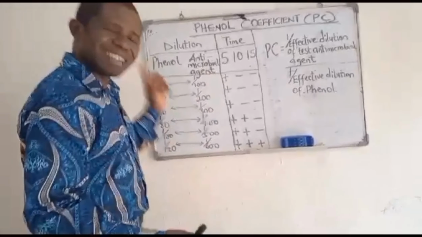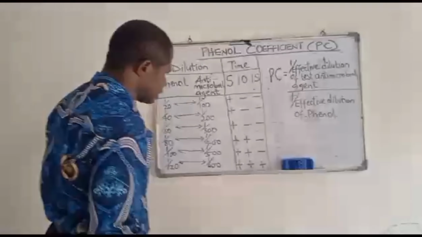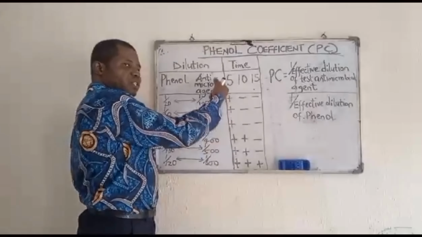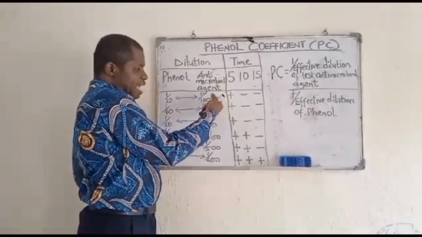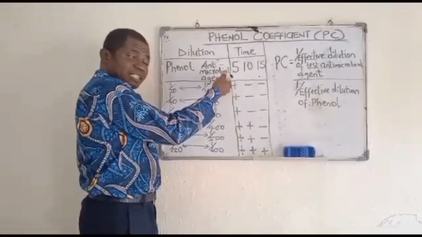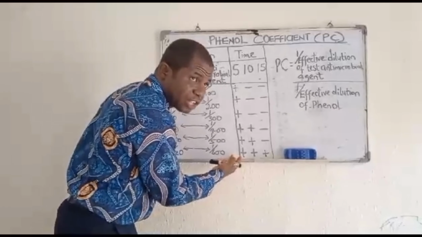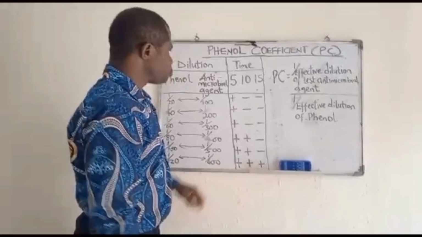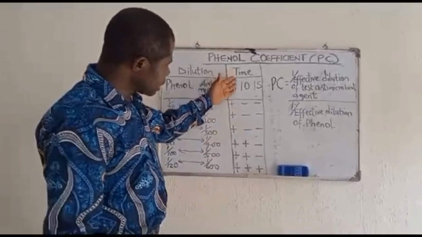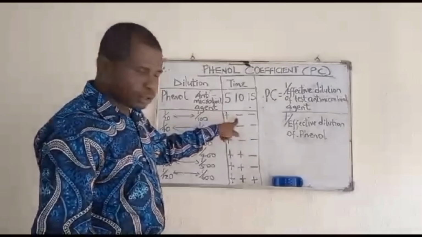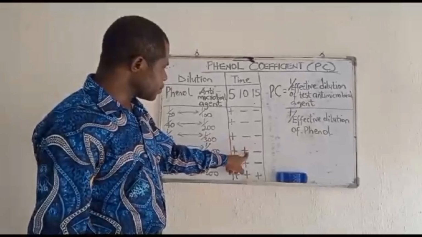So the highest dilution is also what we are looking at. As dilution decreases, concentration is higher; up has higher concentration, lower has lower concentration. So here now, within the 10 minutes is our target. You can see that within 10 minutes, there is no growth, no growth, no growth. There is growth.